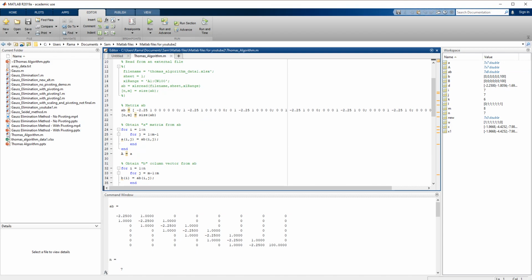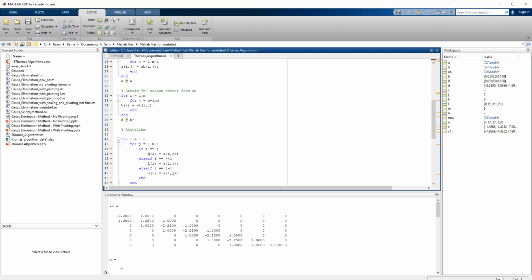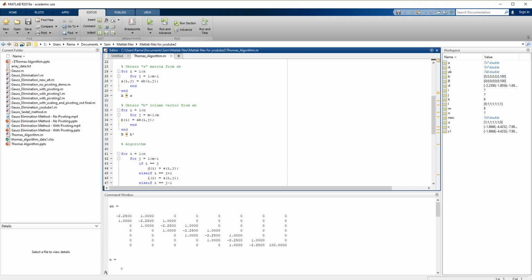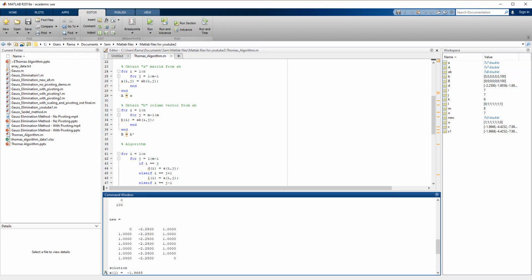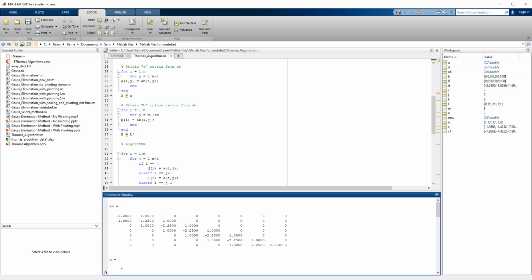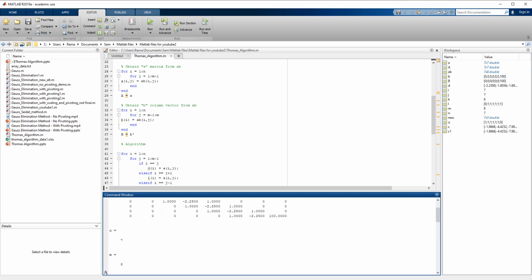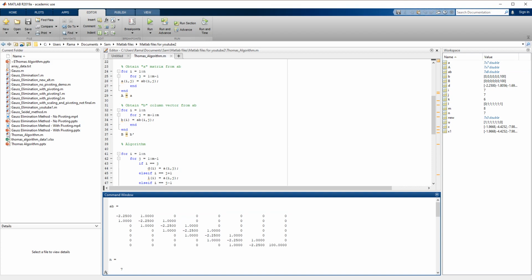The combined matrix AB includes the main A matrix as well as the column vector B. They are combined together. And we'll run this. Once we run this, there is a combined matrix AB, and the number of rows n equals 7 in the A matrix.